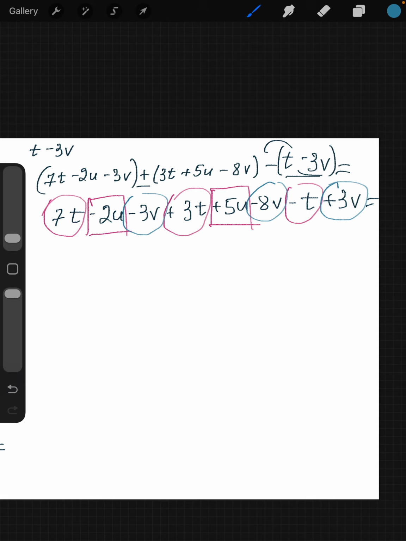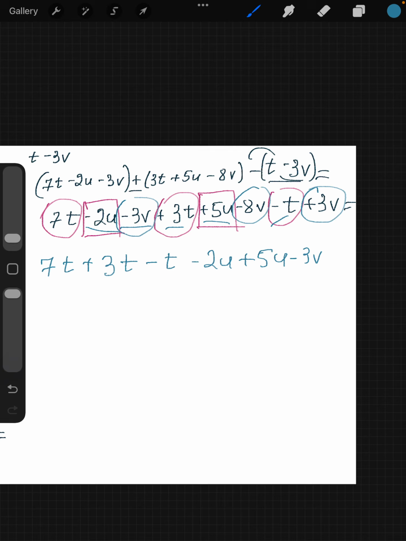I mean, we could cancel them out right now, but let's just do this sequentially. So let's do 7t plus 3t minus t. Let's go to u. Minus 2u plus 5u. Minus 3v, minus 8v plus 3v. Okay, let's solve it.